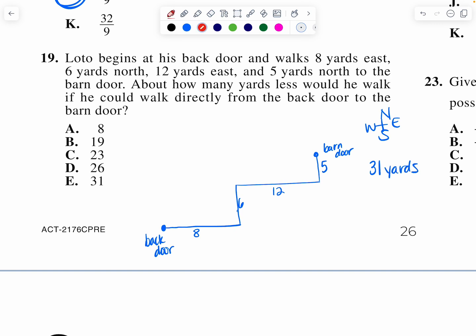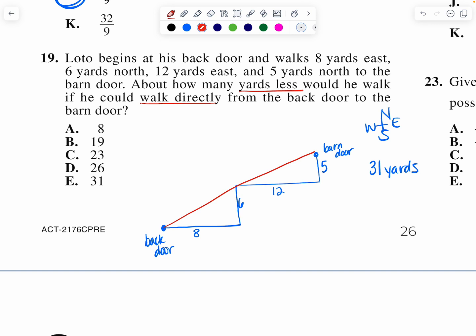All right, so now it's asking about how many yards less would he walk if he could walk directly from the back door to the barn door. So if we're walking directly, I'm going this way, right? I'm just going straight across, and I want to know what the distance is of that red line.